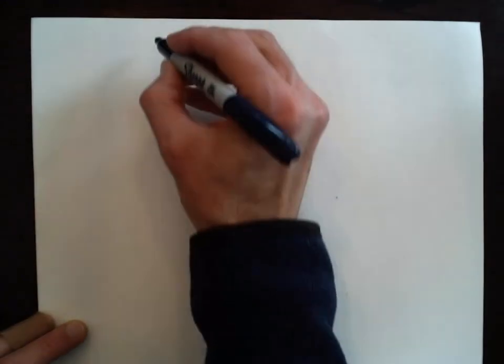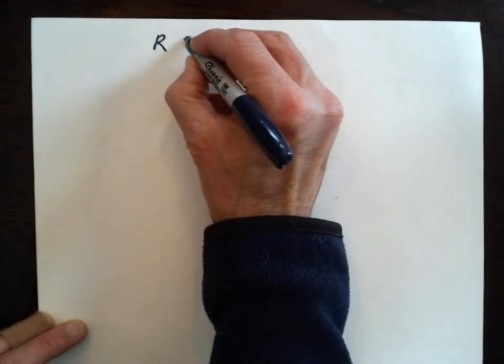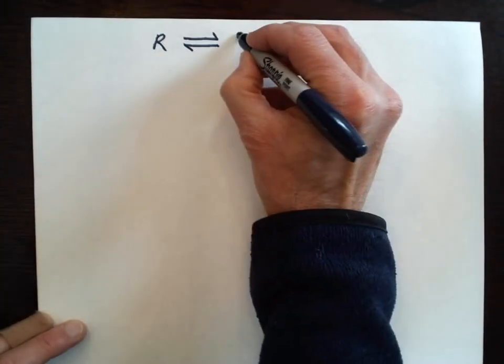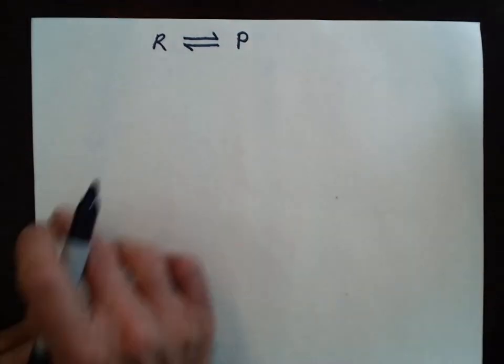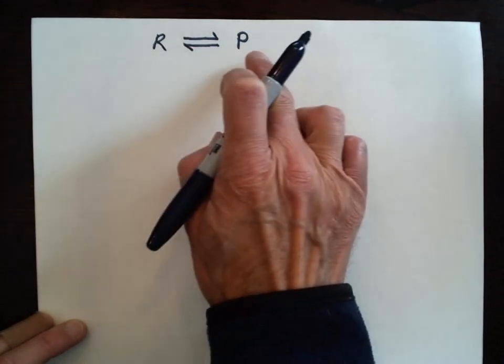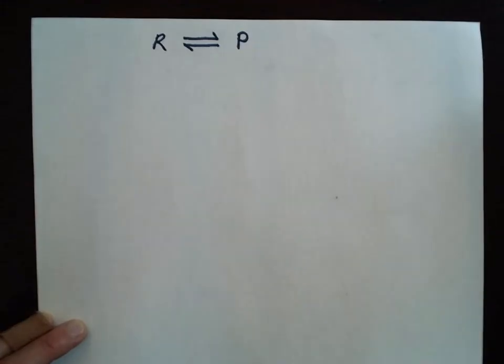Now, what's really interesting about reactions at equilibrium is that we can set up some mathematical relationships between reactants and products based on the stoichiometric ratios of reactants and products. So we're going to just do some really simple examples here to show how this works. It's a very useful tool. So let's say I have some reactant A going to a product P in this fashion and in this stoichiometric ratio, where one reactant molecule changes to one product molecule.